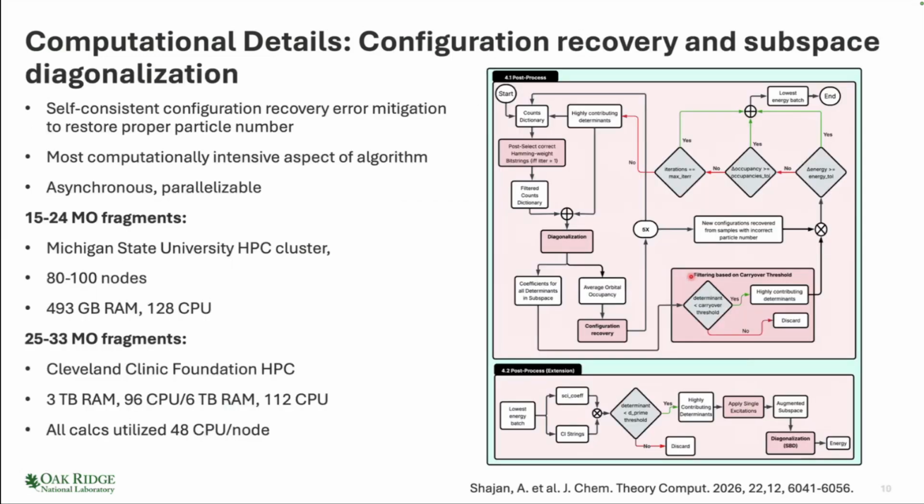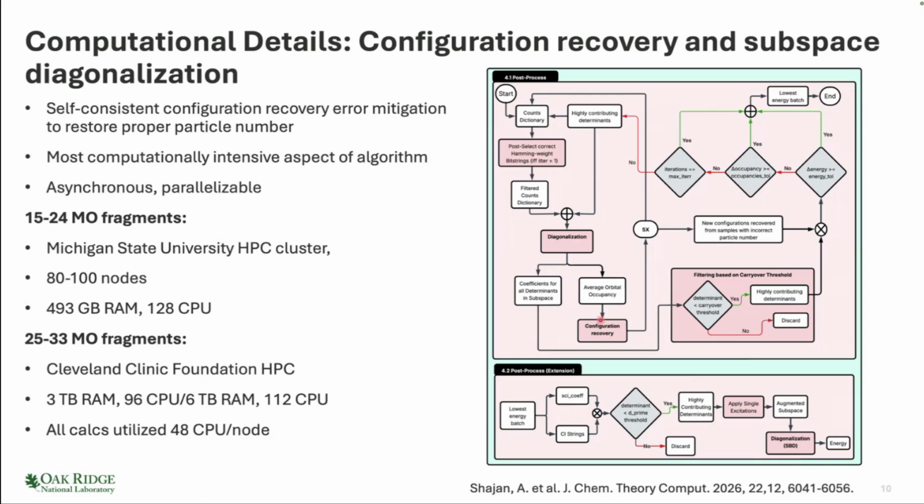So going beyond that, now that you have all of your measured samples, you'll want to do what's called configuration recovery and subspace diagonalization. Here, the process you can see will take all of your bit strings which do not have the proper Hamming weight, which in this case corresponds to the proper number of electrons for the system.